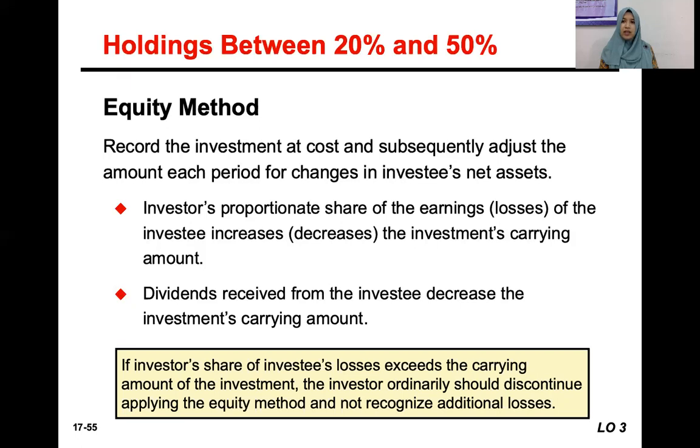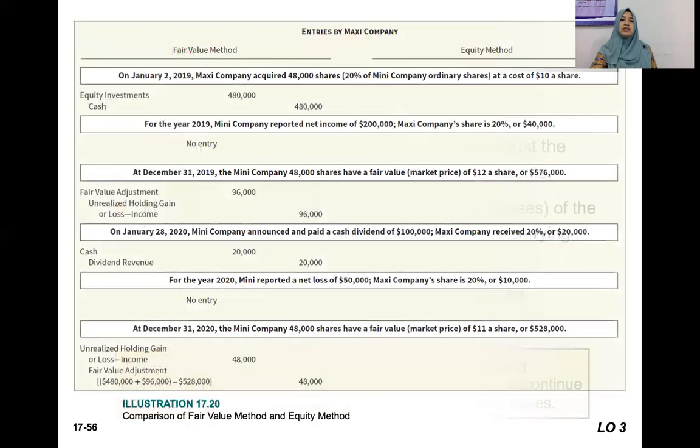If company B continues to incur losses, and the losses go beyond the investment amount, then they will not implement the equity method anymore, because they cannot recognize additional losses beyond their equity investment.